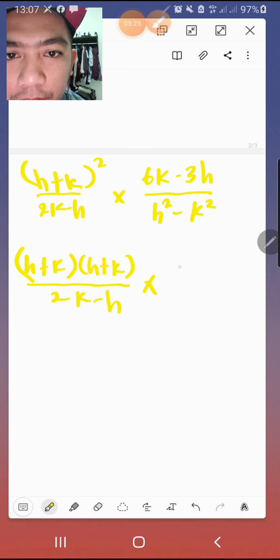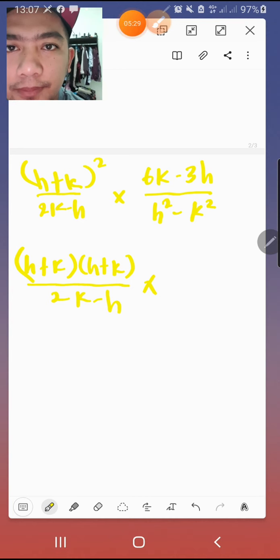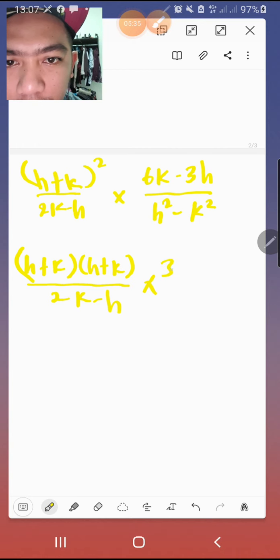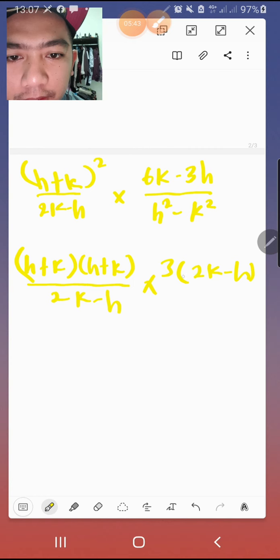When you factorize 6k minus 3h, it becomes 3 times 2k minus h. When you expand again, 3 times 2k you get 6k, and 3 times negative h becomes negative 3h.